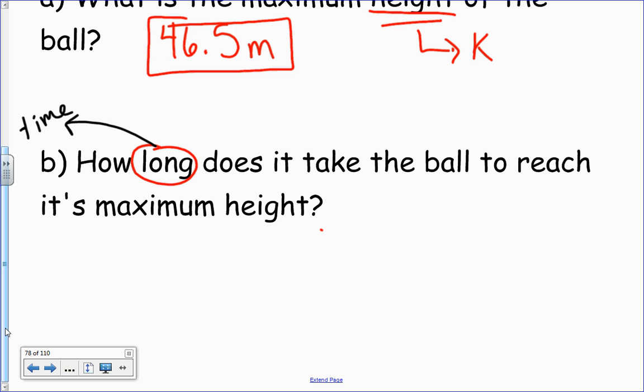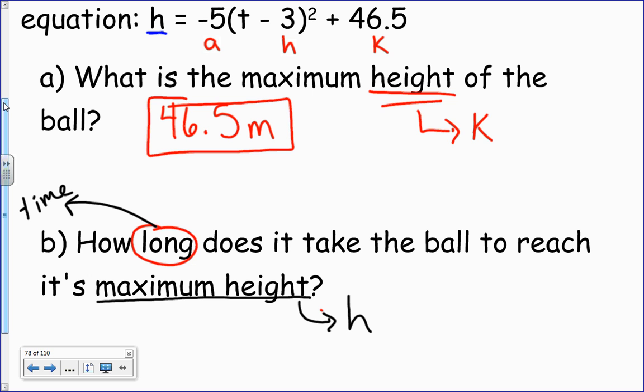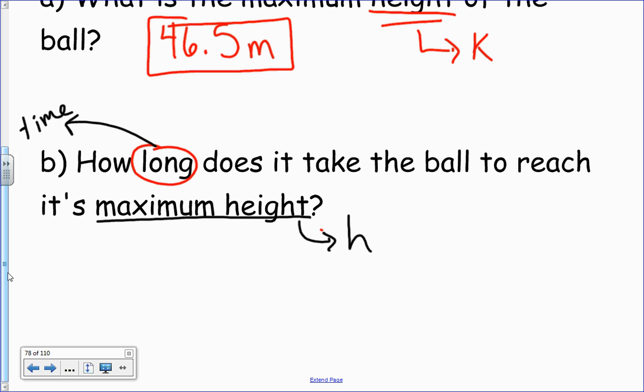And in this case, it wants to know the time to get to its maximum height. So it's asking you to find the h value. Well, if you go back up and look, we said that h was the number 3. All right, and time in this case is in seconds, so you would say 3 seconds.